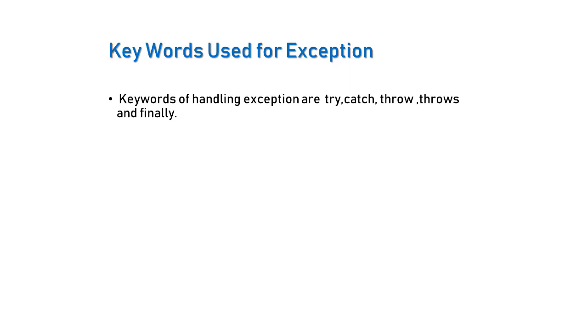Throws is used to declare a function along with the type or list of exceptions that may occur when the function is being called. Finally is another keyword that helps us in identifying finalization of the system, whether the application is successful or unsuccessful. This leads to a smart conclusion of the application.